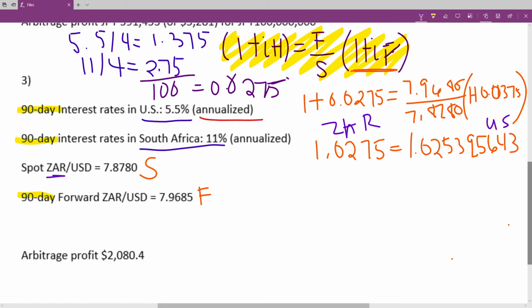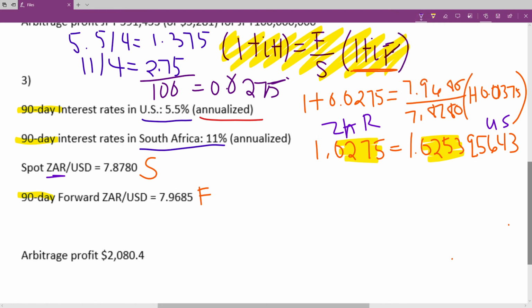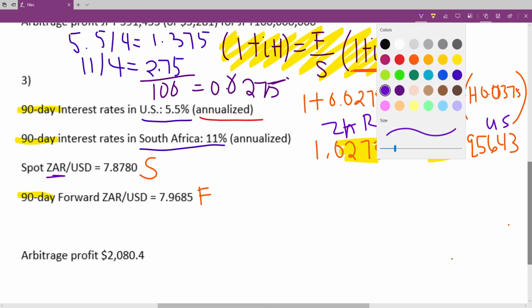So based on this information, we need to figure out which side is better to invest in. So I just look at the first 4 decimals, right? And then clearly we're going to invest in the South African ZAR, and borrow from the US, because the US has a lower interest rate of return.